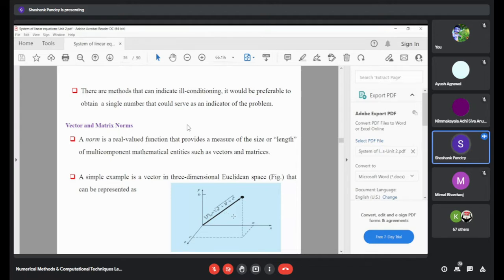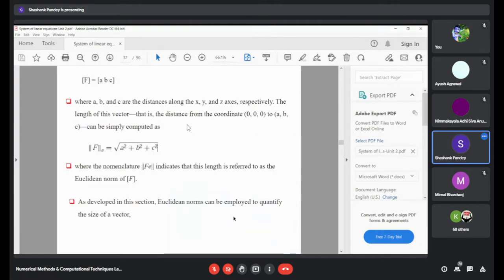The length of a vector, we all know, can be computed using this formula, and this length is referred to as the Euclidean norm.